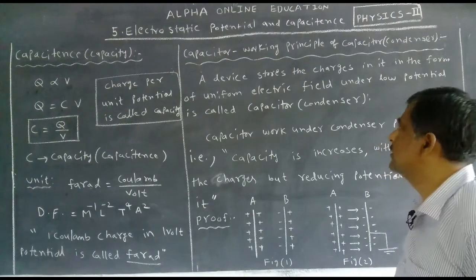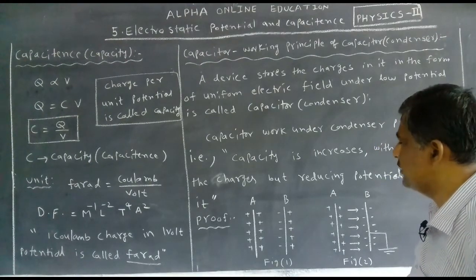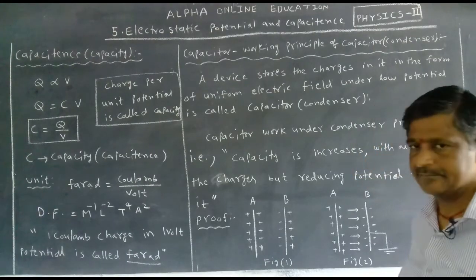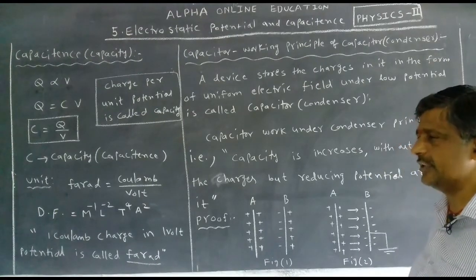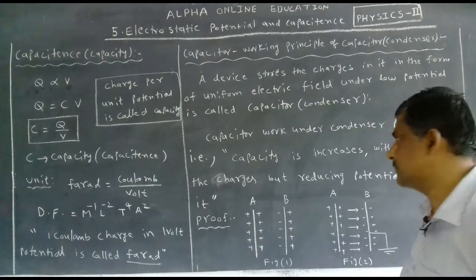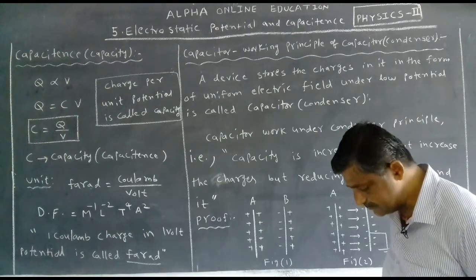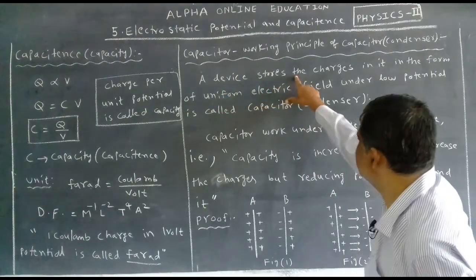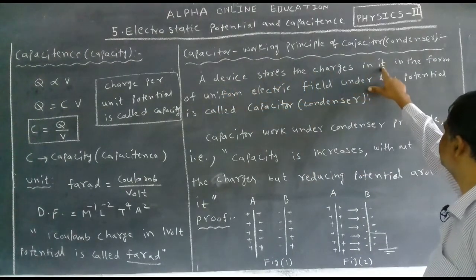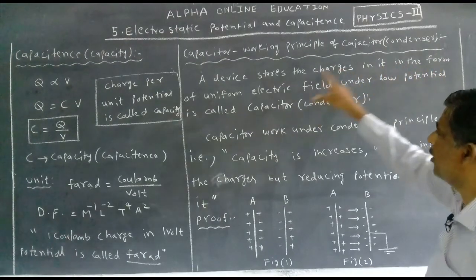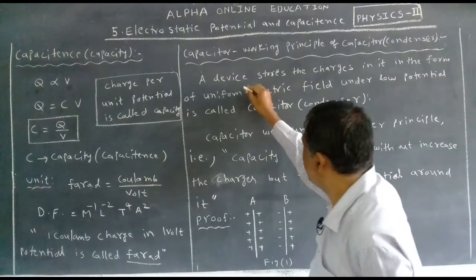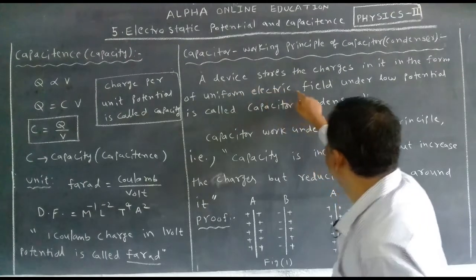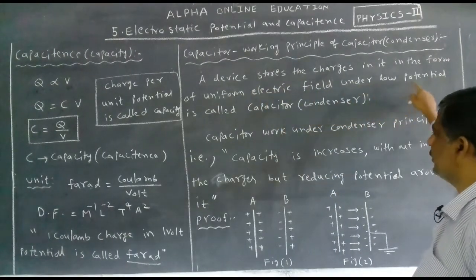Okay. Now we will discuss the definition and working principle of a capacitor or condenser. What is the capacitor definition? It is a device that stores the charges in the form of a uniform electric field under low potential.